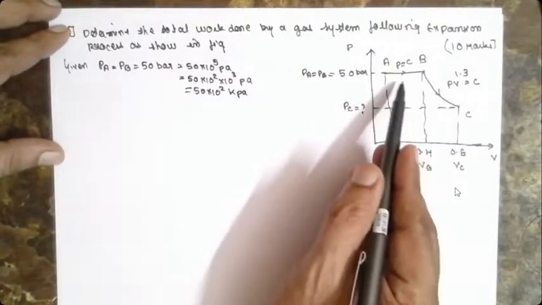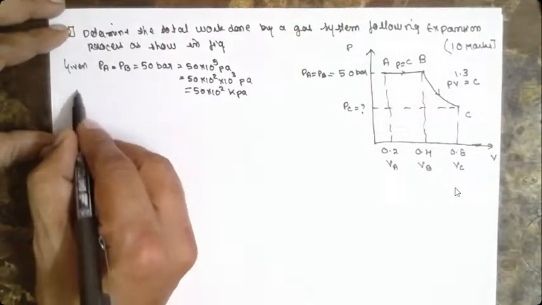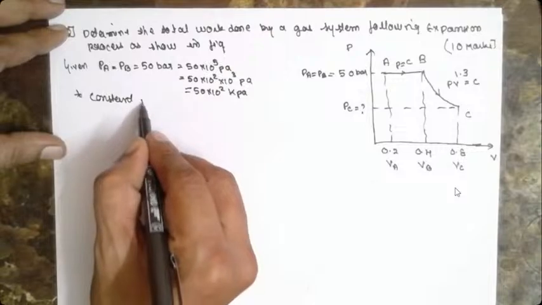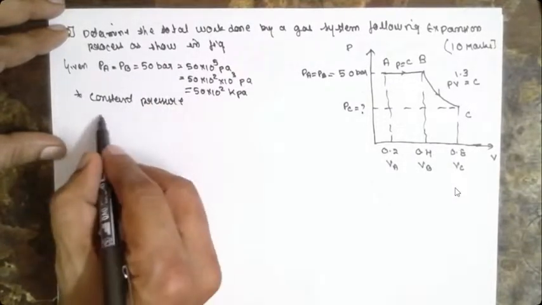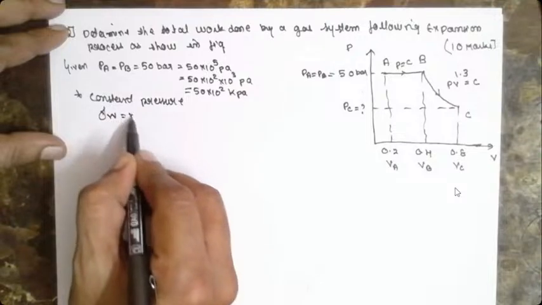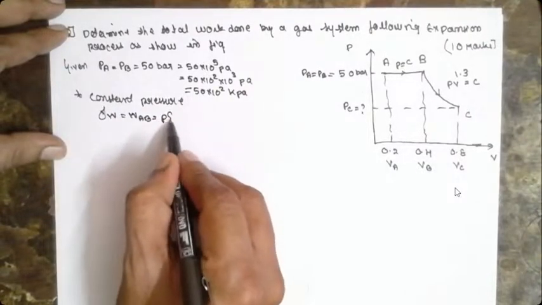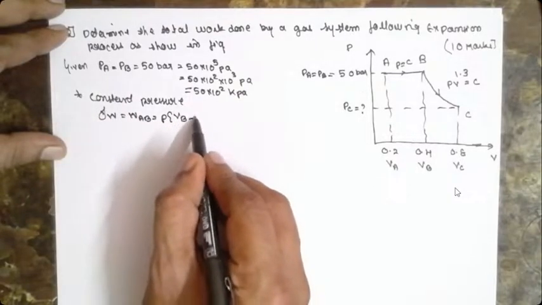We need to find out the work done with respect to constant pressure. Work done W AB is equal to P into VB minus VA.